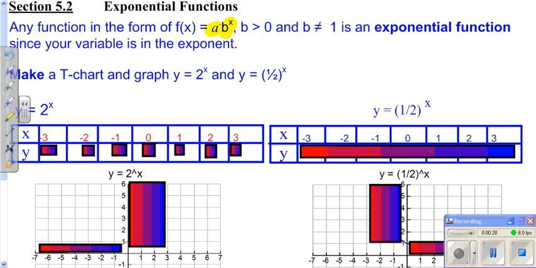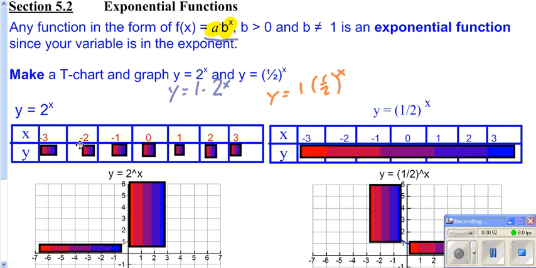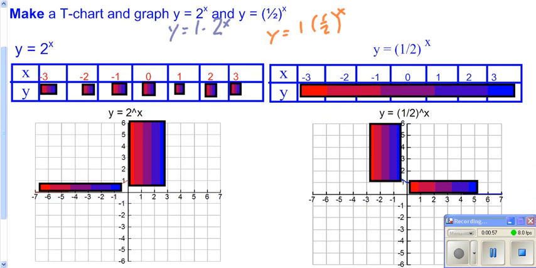One of them is in the form of y equals 1 times 2 to the x. In this case, when you look back up here, your a is your 1, your b is your 2, your exponent is still the x. Here, it's in the form of y equals 1 times 1/2 to the x. We want to go ahead and make a t-chart for each one of these and graph our functions.